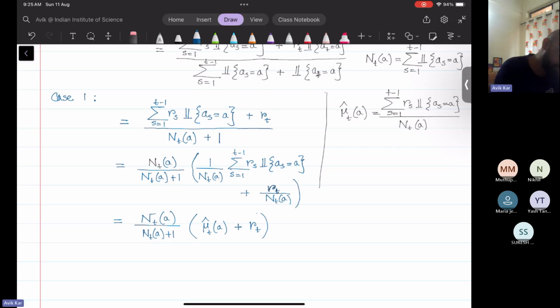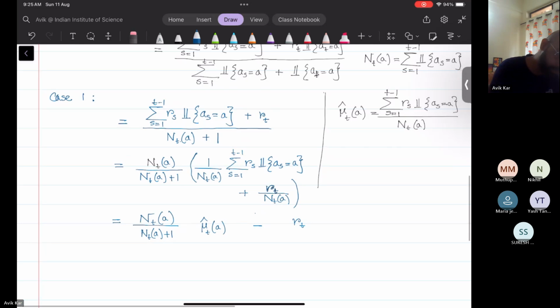Better not to write the second term like that. So we can write the second term as plus RT by NTA.